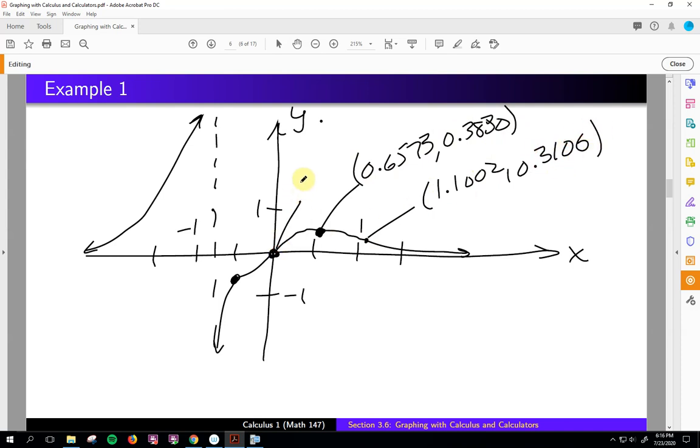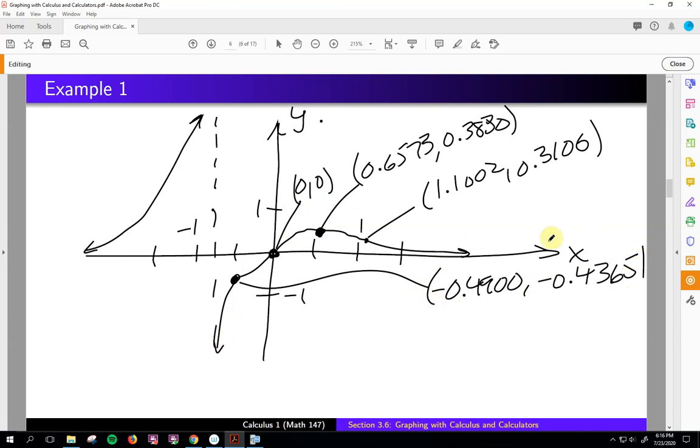And then this one is just 0, 0, nothing fancy there. And then this other inflection point here is -0.4900, comma, -0.4365. So we have all of the important aspects. Nothing was missed here. And here's an accurate graph.